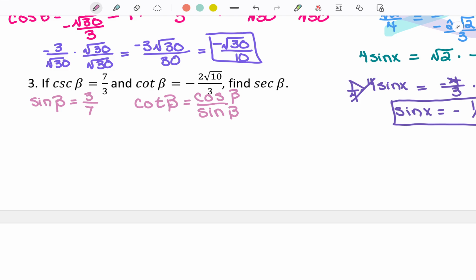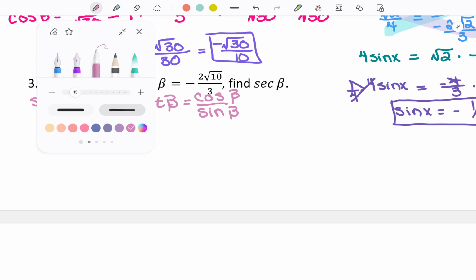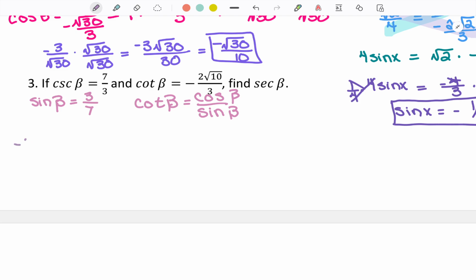So we are going to plug in what we do know. We do know that cotangent is negative 2 square roots of 10 over 7. And then that is going to equal, let's see, we're looking for cosine, so we have cosine beta over sine, and we know that sine is 3 over 7. So we are going to go ahead and cross multiply.